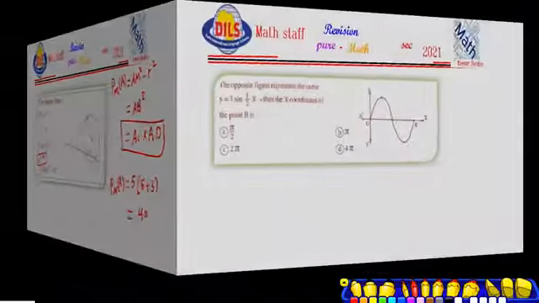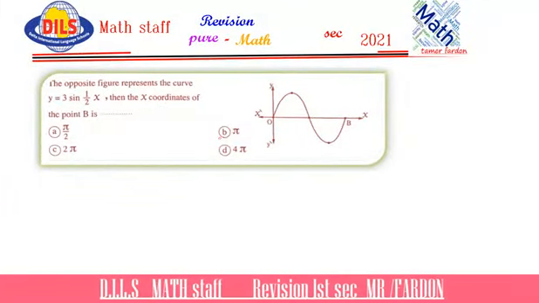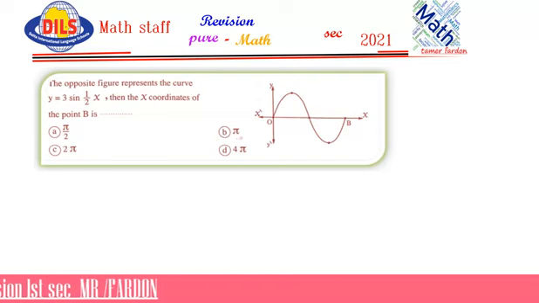The next exercise, the opposite figure represents the curve y equals 3 sine half x.